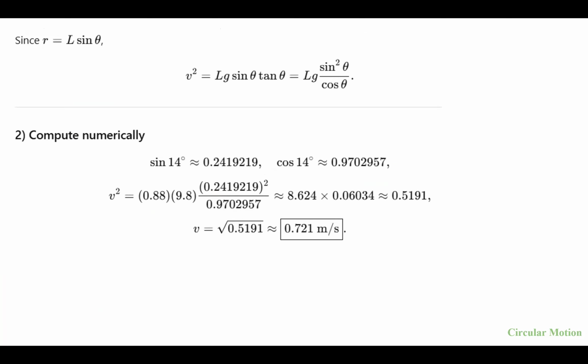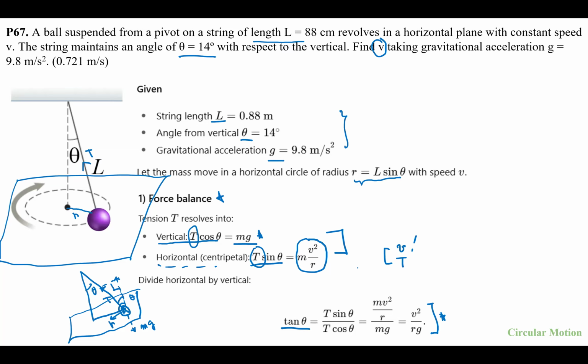And then we note that R is given by this one. Here, the relationship between V and all the known parameters R, g, theta is given like this.